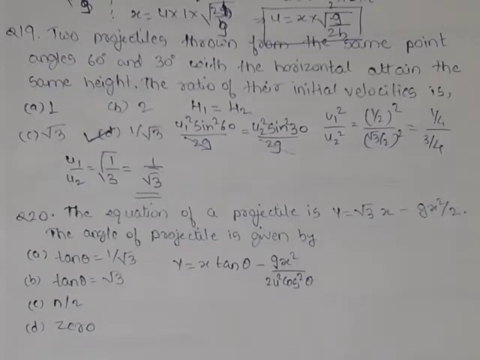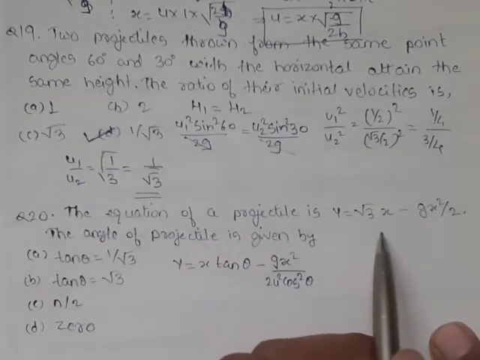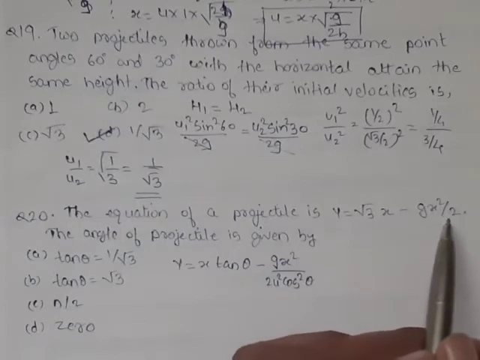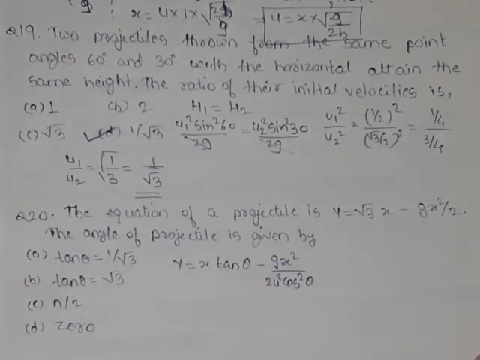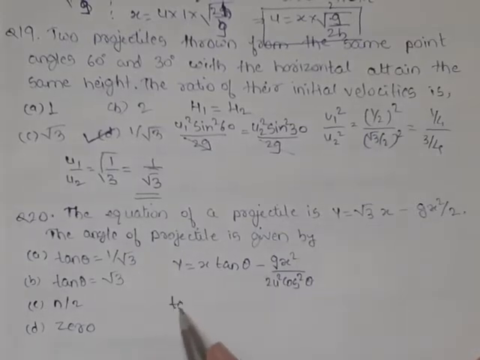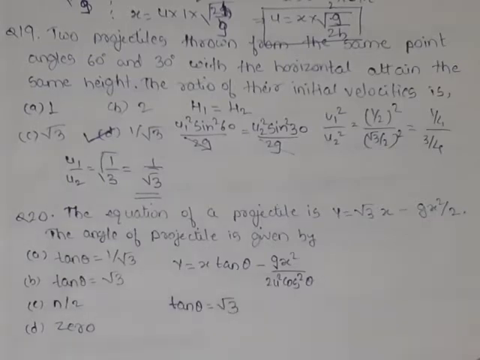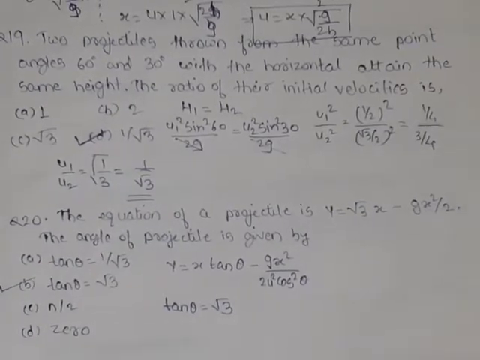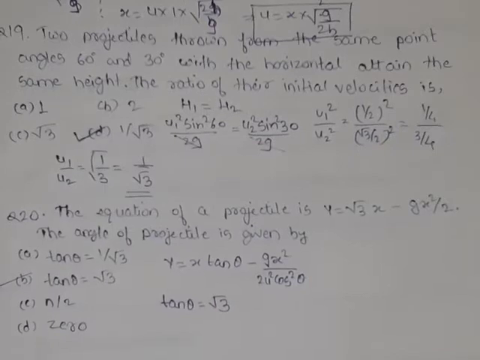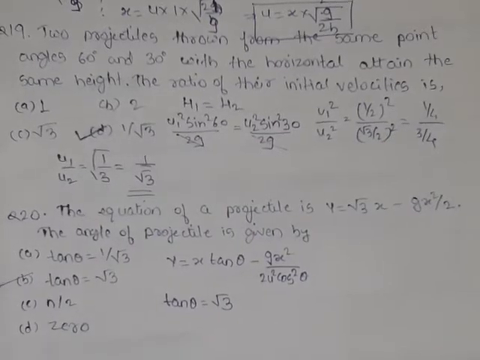So here this is our given equation, y equal to under root 3 x minus gx square upon 2, and this is the equation of path, and it is asked to find the angle of projection. So from this we can directly say tan theta equals root 3. So option B is our correct answer, tan theta is equal to under root 3. This answer we get by directly equating the equation of path with our given equation of projectile.